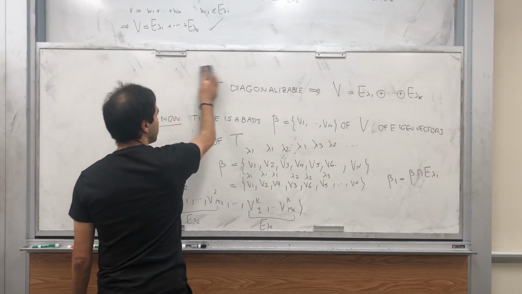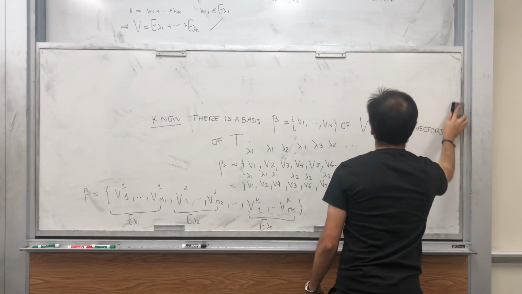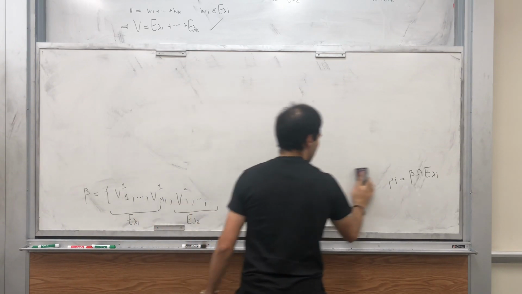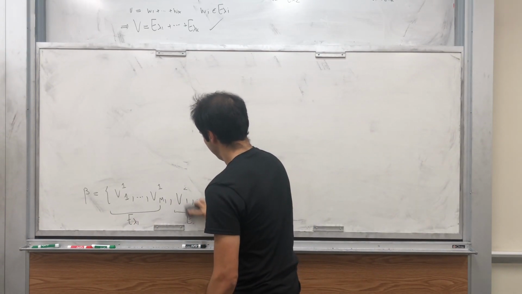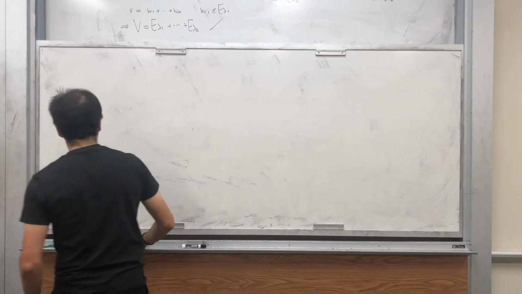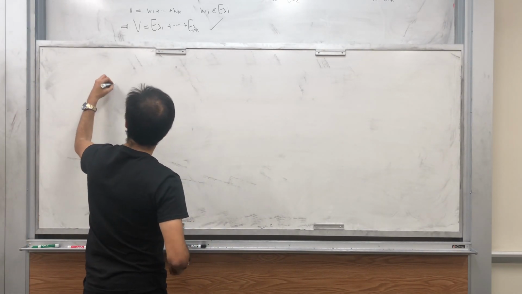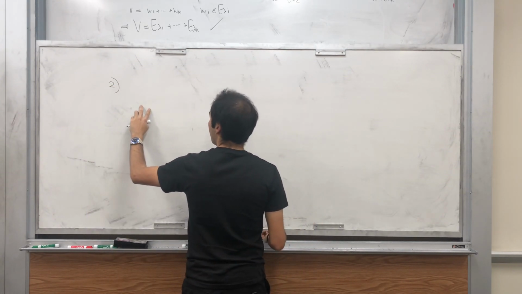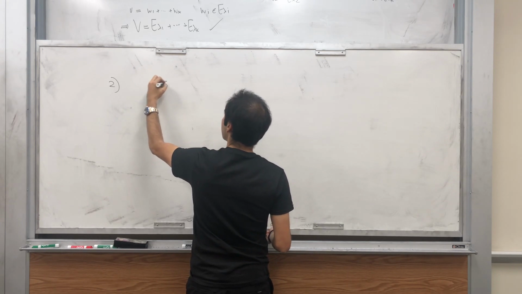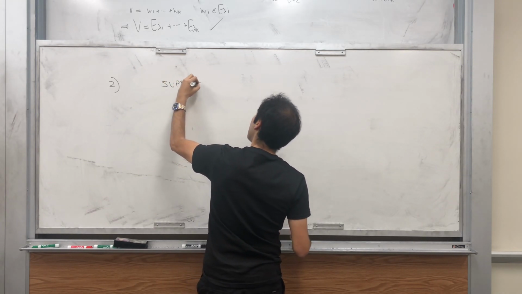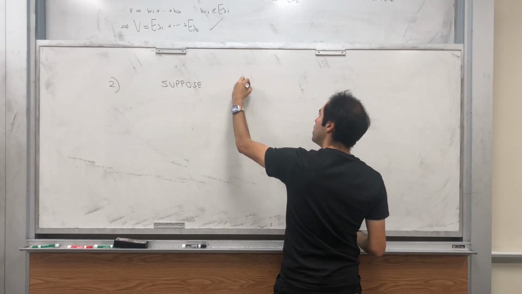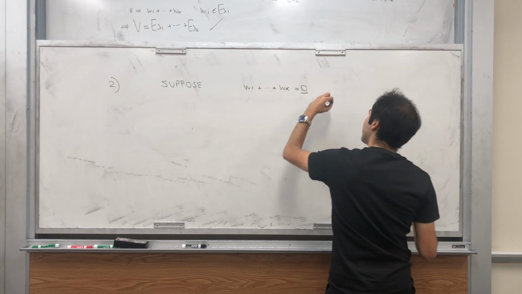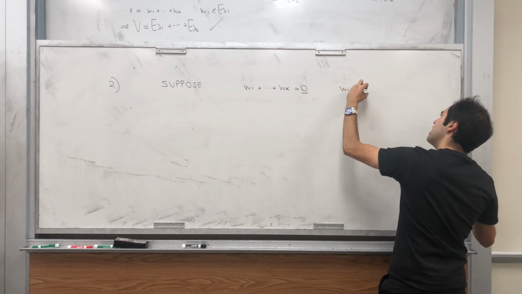And so now in particular, all right, so let us suppose that we have W1 plus ... plus Wk equals 0, where each Wi is in E lambda i.